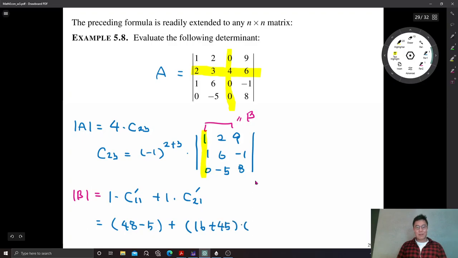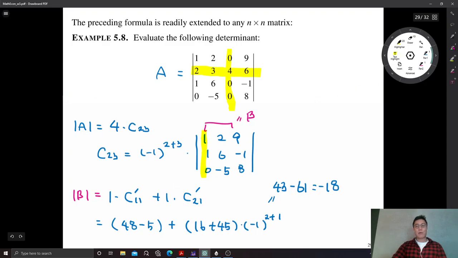And don't forget the sign, because two subscripts give us an odd number, so we have to change the sign to negative. So 43 minus 61, that is negative 18, right? So matrix B has a determinant of negative 18.